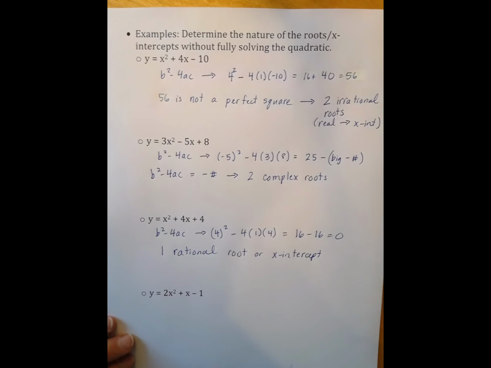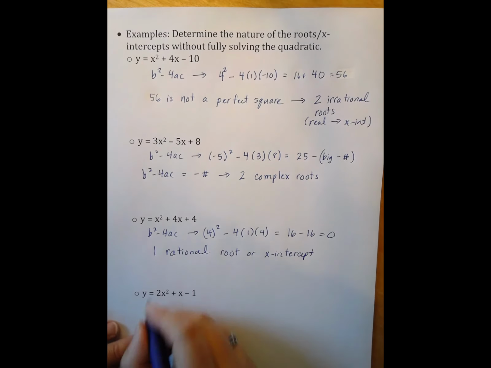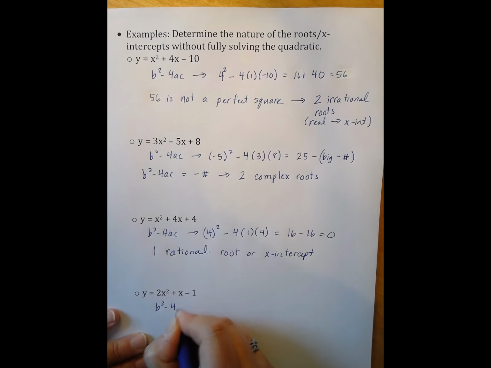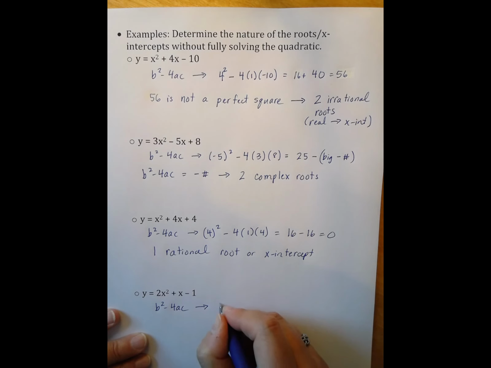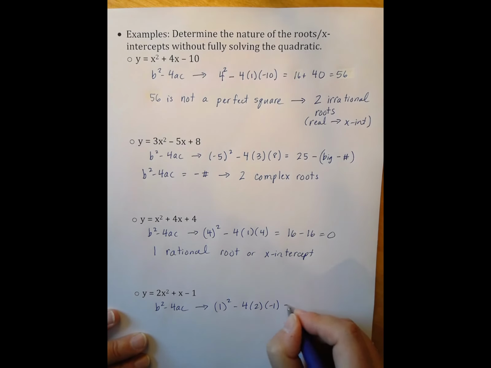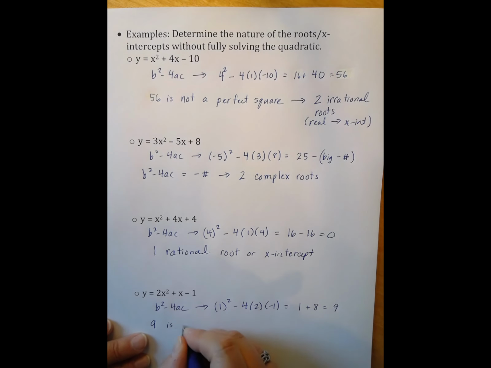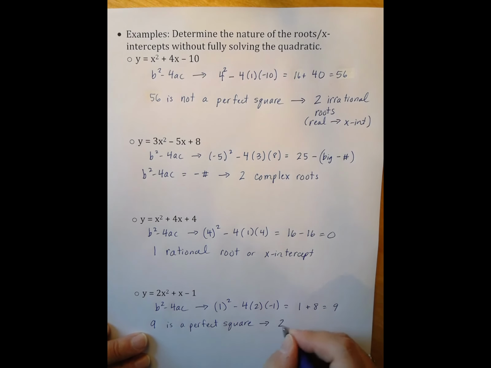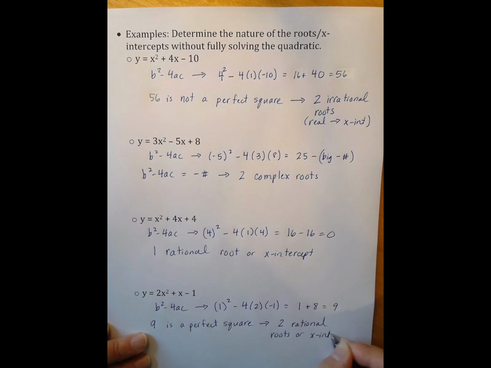Our last example here, b squared minus 4ac equals 1 plus 8, which equals 9. So 9 is a perfect square, which means I have two rational roots or x-intercepts.